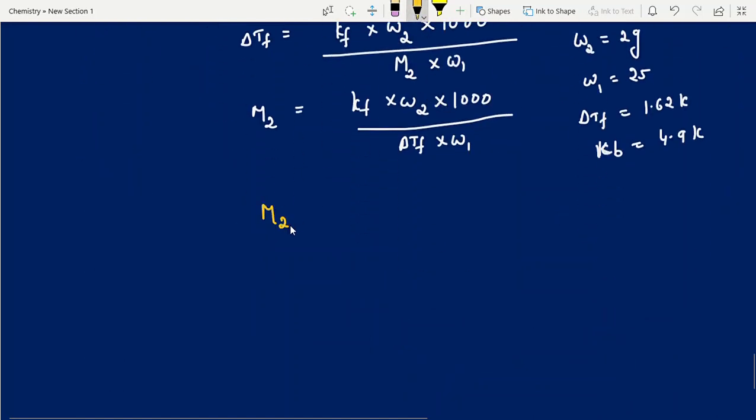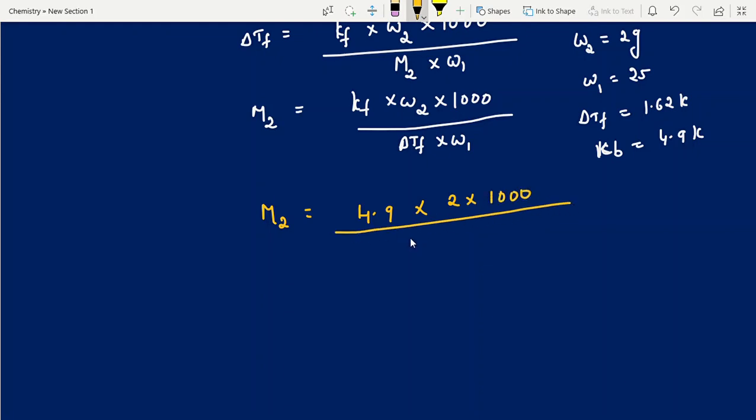M2 equals Kf, 4.9 into 2 into 1000 by delta Tf into 25. After simplification you will get the answer, 241.98 gram per mole. So now you can calculate i.